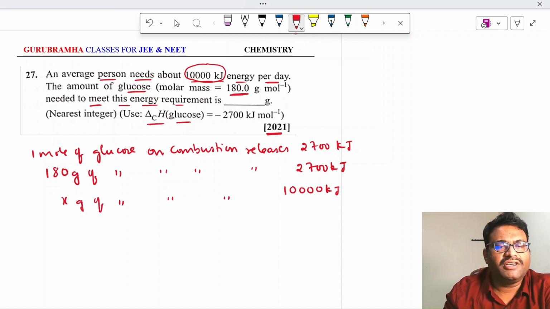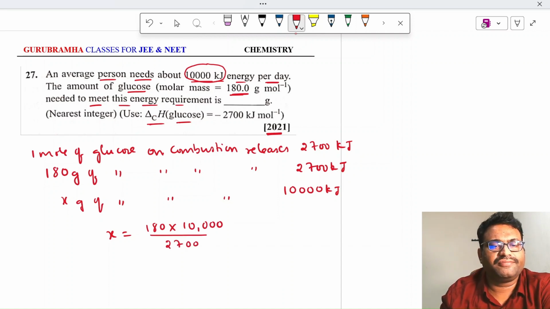Cross multiply this. So X is equal to 180 into 10,000 by 2700. 180 grams of glucose produces 2700 kilojoules.